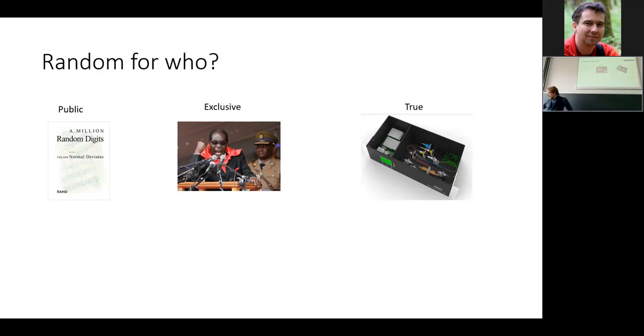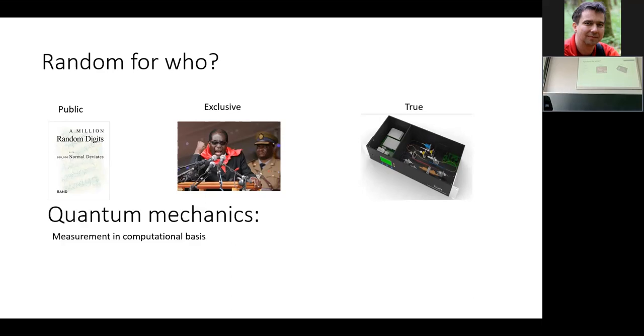So quantum theory is a perfect thing because it has the division into these three kinds of randomness built into its formalism. If I measure in the computational basis, public randomness is just a pure state, an eigenvector in the computational basis. Now, a mixed state would be Robert Mugabe, maybe using even a true random number generator to pick a number and later announce it.